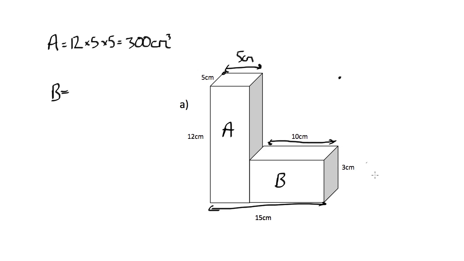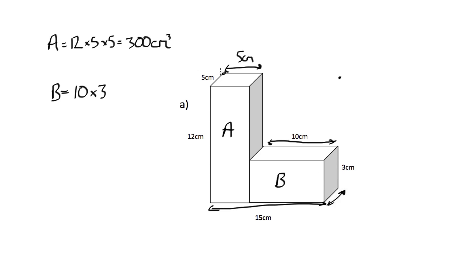Now again, we've got B, so B has a length of 10, sorry, a width of 10, and a height of 3. We just need to work out the length of it.